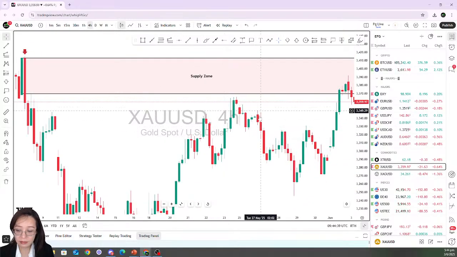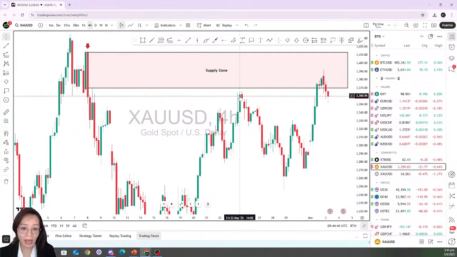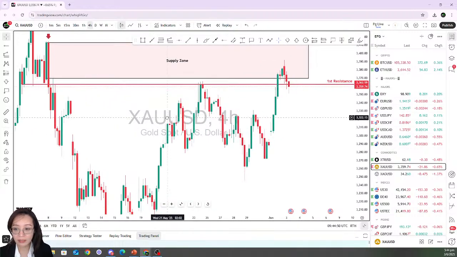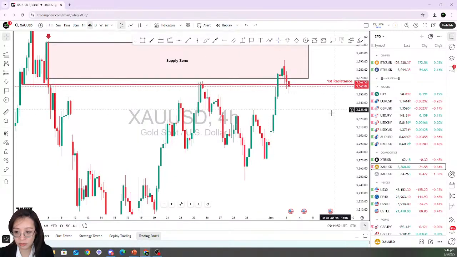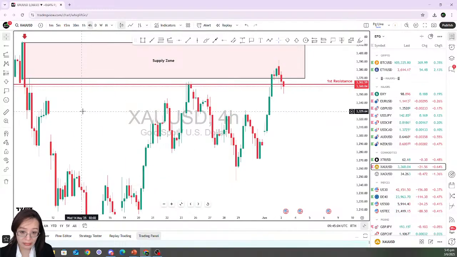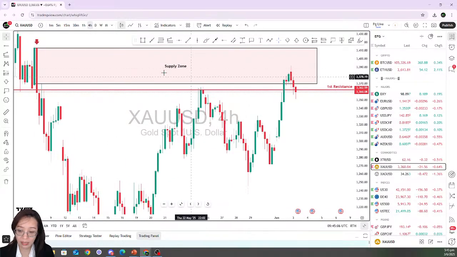But this zone, if you identify the key level, remember that last week I said this is my resistance level. This is a different one, the resistance level. That's why you can see the price is falling. If price goes back up again at 23.62, I'm not going to sell, because my resistance is likely going to break, because there is another supply zone up here which price hasn't come to yet.